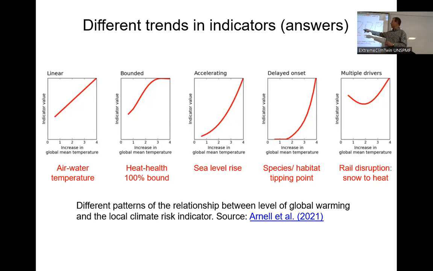So we can see that the risk indicators can take many different forms. They can give us an insight into tipping points and thresholds and different kinds of vulnerability. Does that make sense? Yeah, I was thinking about this bounded one. Maybe like the colors of the corals, because one day they will all bleach.